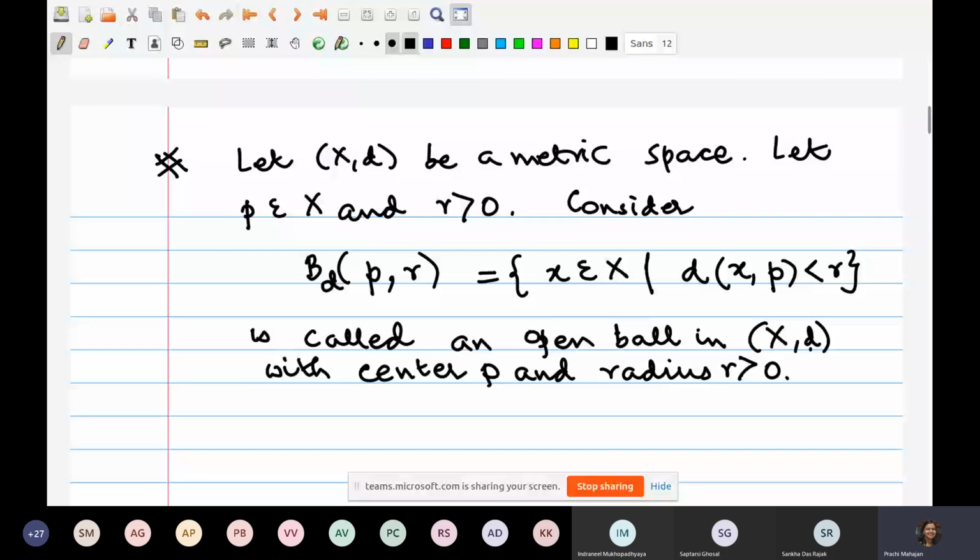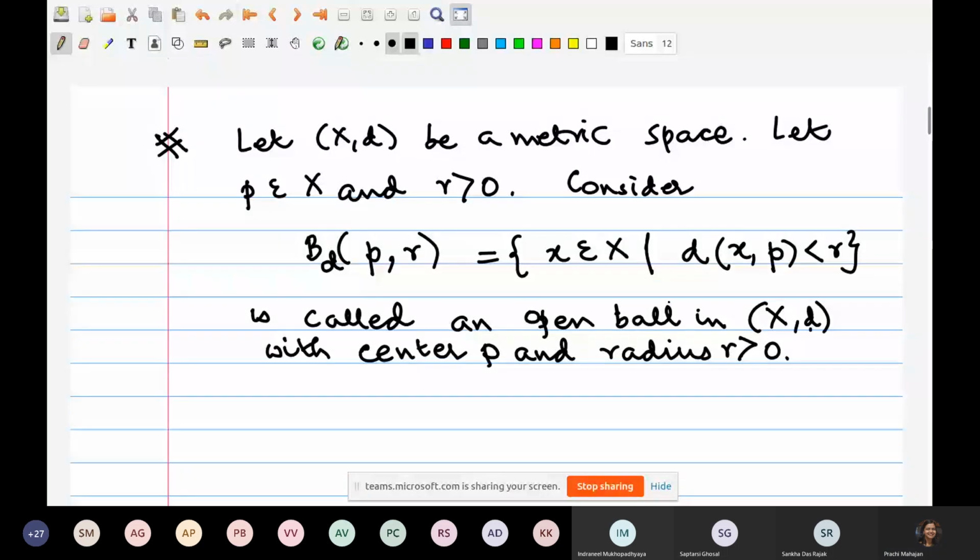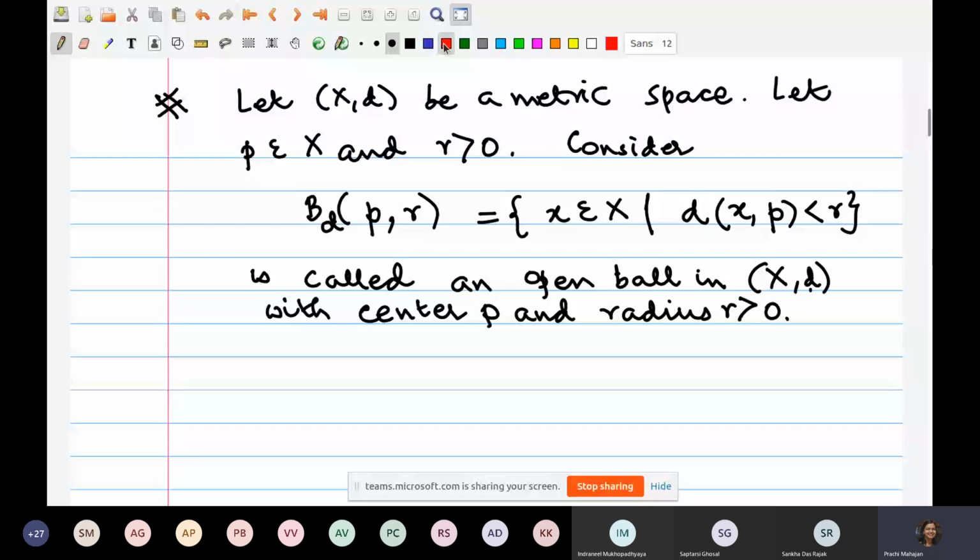Now we saw examples. The same set can be given with different metrics. If you recall, last time we considered the space R2 with metrics d1, d2 and d3.